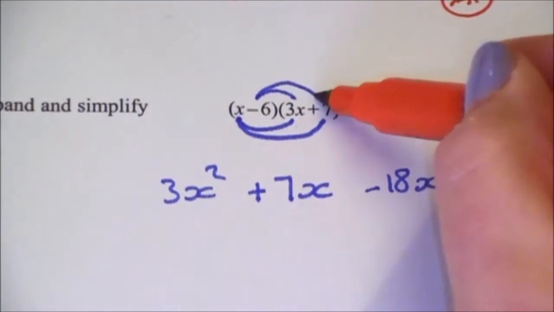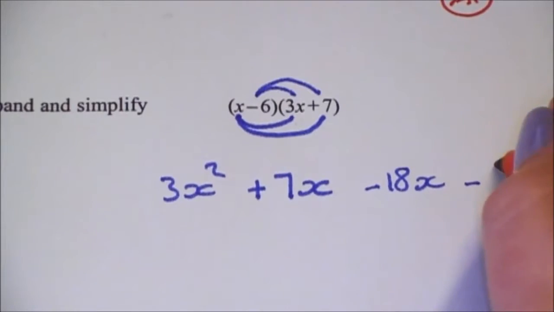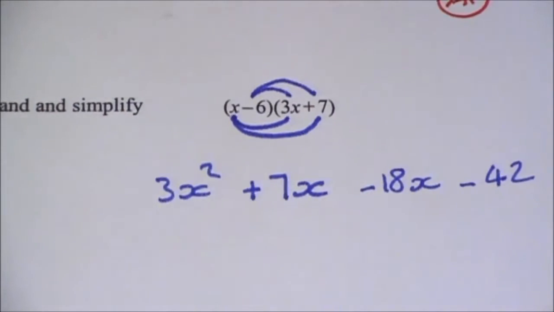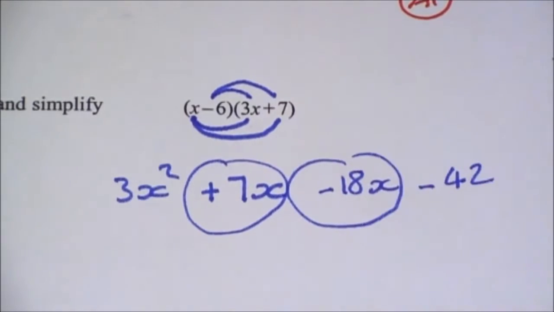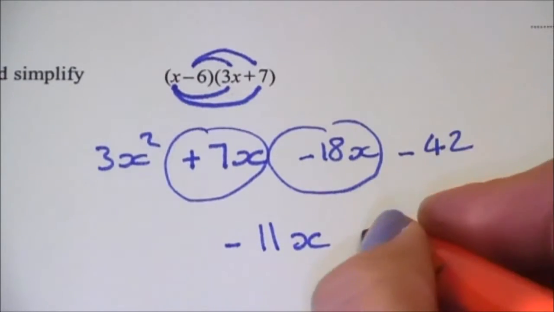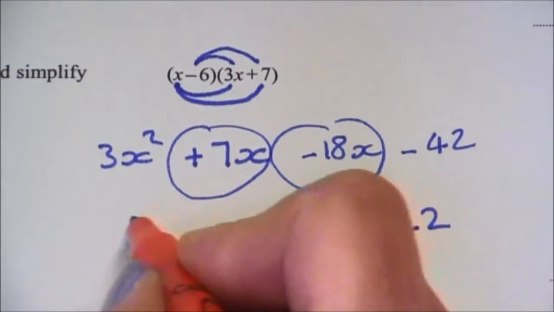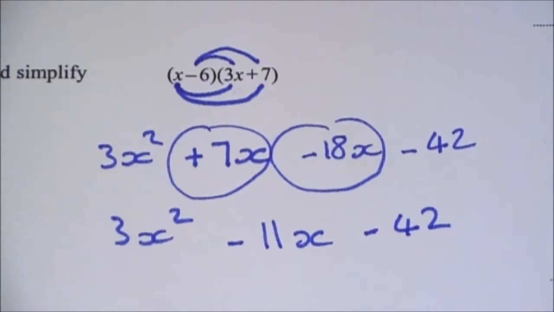And here I've got negative 6 times by positive 7, which is going to give me negative 42. I then collect and simplify. Positive 7x, take 18x, it leaves me with negative 11x. I've not done anything with that minus 42, and I've not been able to do anything with that 3x squared. So that's expanded and simplified.